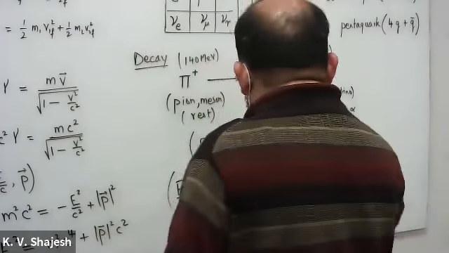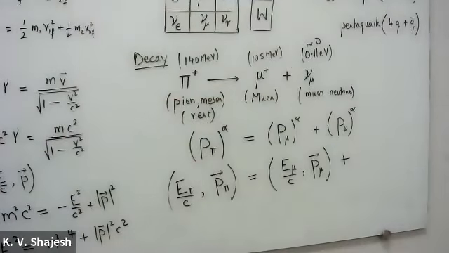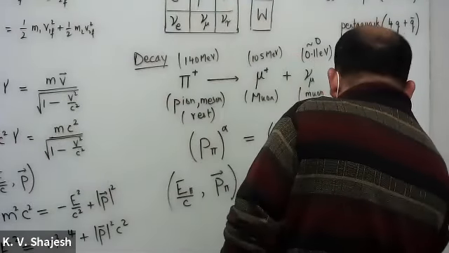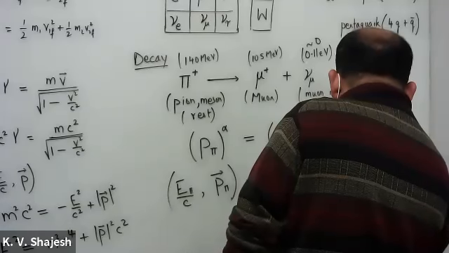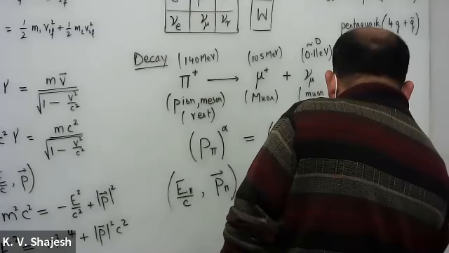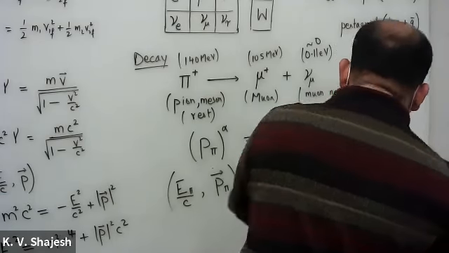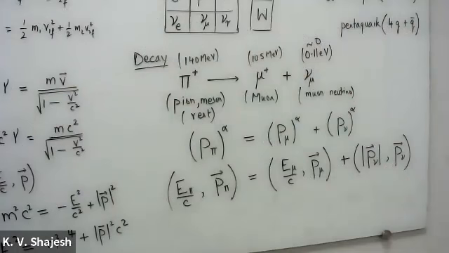Energy of the neutrino, since it's a 0 mass particle, energy and momentum will have exactly the same magnitude. So I can say this will be the magnitude of nu, and this will be the vector nu. And that's because it's a 0 mass particle. If the mass is 0, energy and momentum are exactly the same.